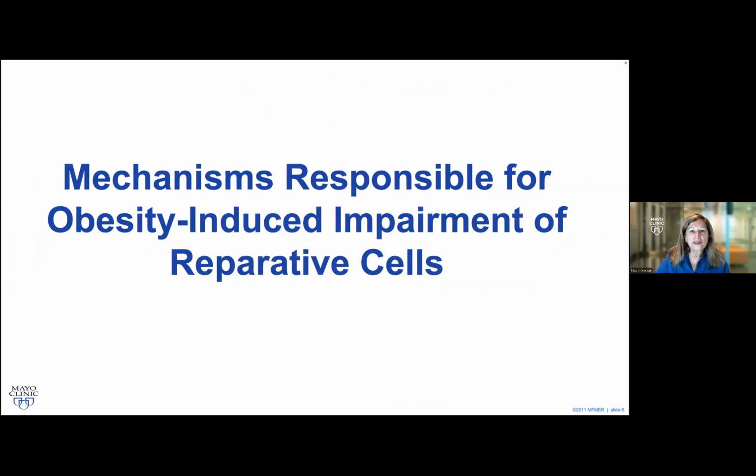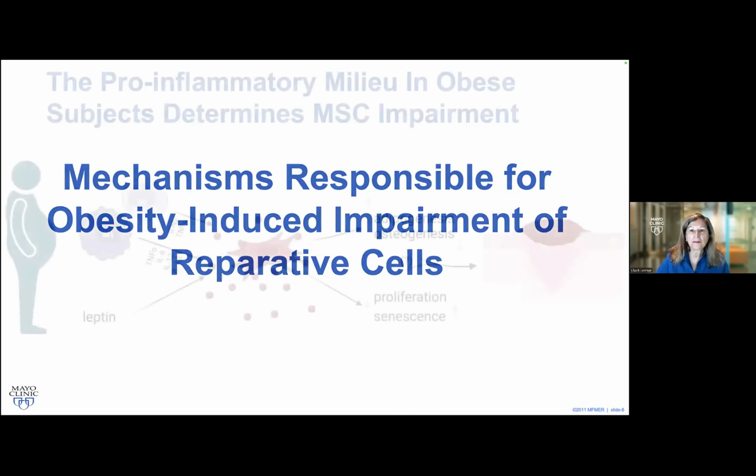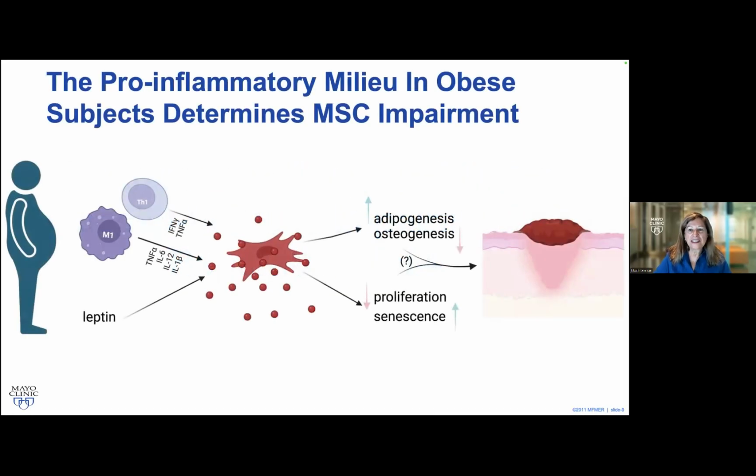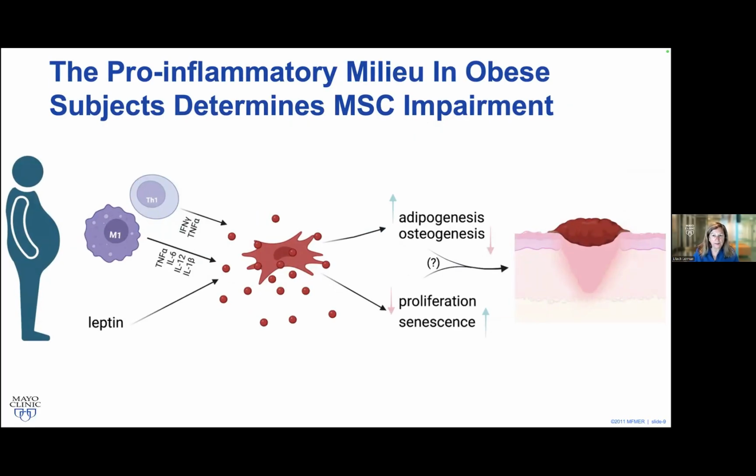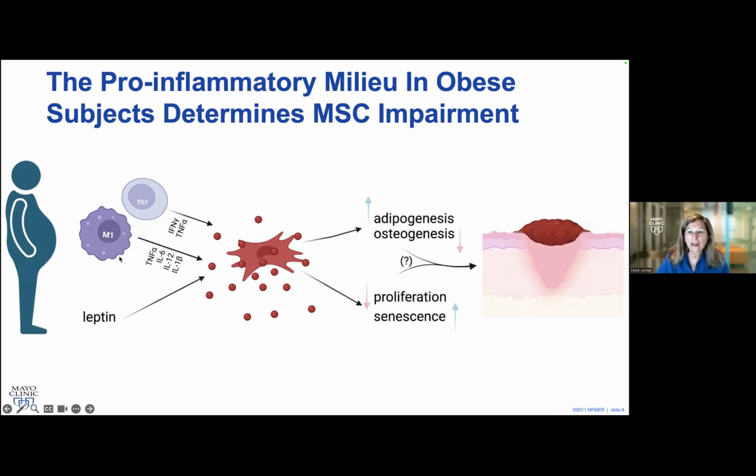What are the mechanisms that are responsible for the impairment of reparative cells in obesity? Research studies have primarily implicated inflammation in this process. It has been shown that obesity induces activation of Th1 lymphocytes, as well as polarization of macrophages towards the pro-inflammatory M1 phenotype.